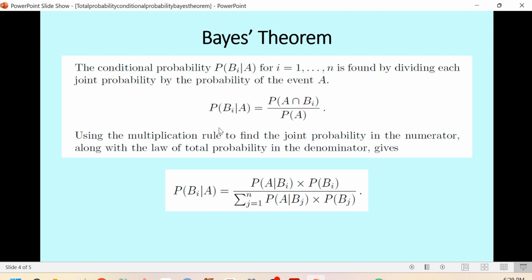So for this conditional probability, for the denominator PA, we can use the total probability which we got from the first page. So this denominator is the total probability.